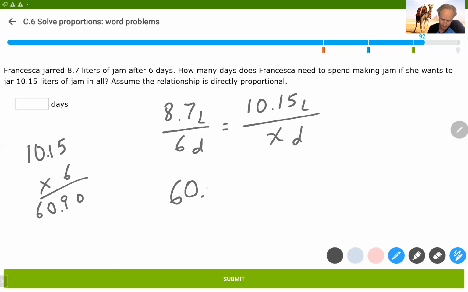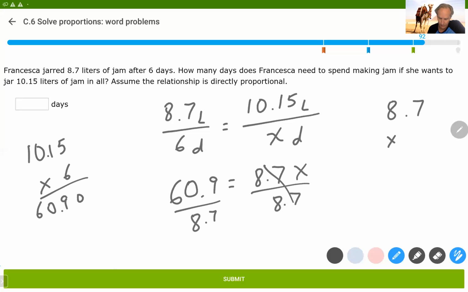60.9 is equal to 8.7x, divided by 8.7. And we want to know 8.7 times 6. 6 times 7 is 42.